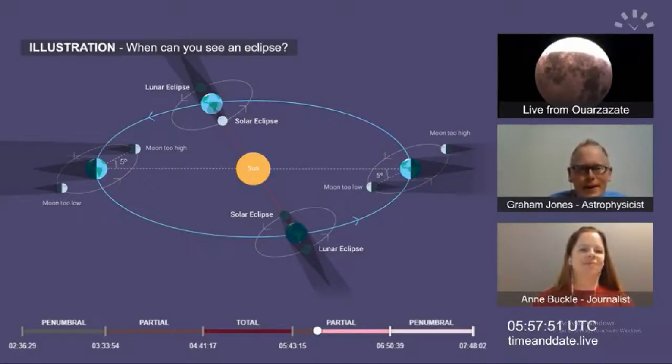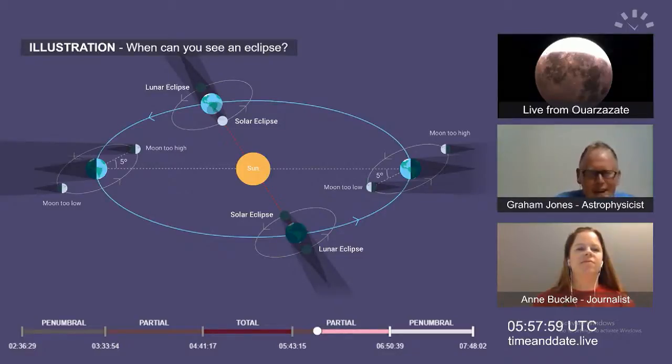If we look at the moon just to the right of the earth on the left-hand side of the picture, that is a new moon as we look at it from the earth. Again, there we're not getting a solar eclipse because in this situation the moon is just a little bit too high.